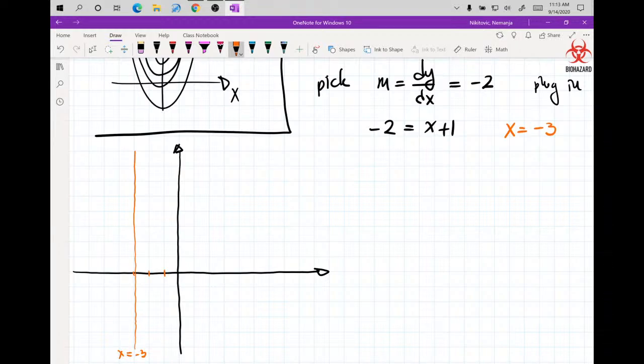And on that line, I'm going to put small tangent slopes of -2. So you can put those slopes anywhere. They don't have to be equally spaced or anything like that. It's just, right, OCD, if you do so, which is what I'm going to do. But you don't have to, right?